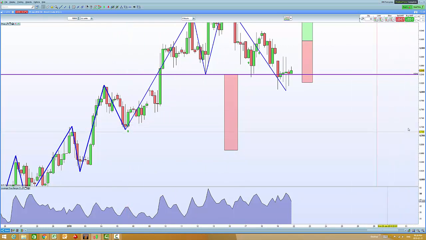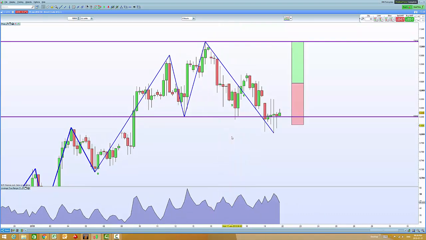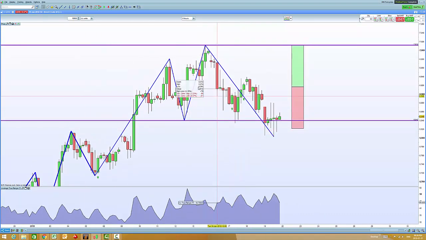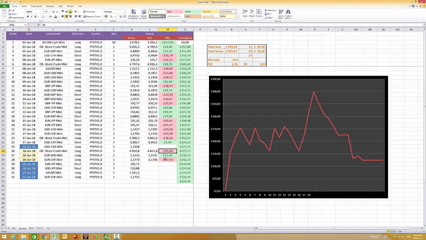So you might want to aim for around about the 67.20 levels for a potential downside move, if that was one of the formations that is in your trading toolbox. So as I said, we took a bit of a hit on that one.